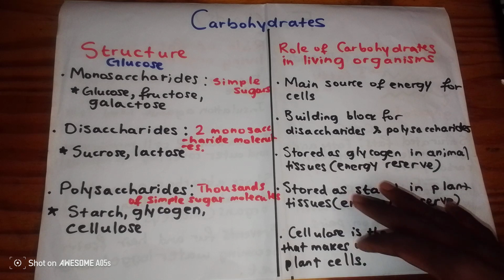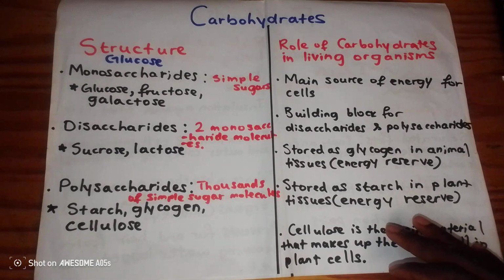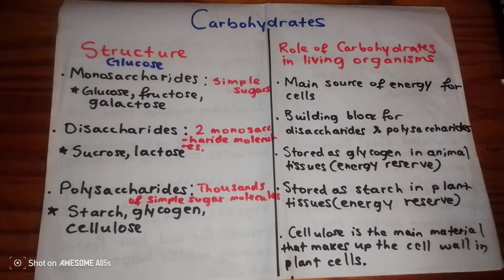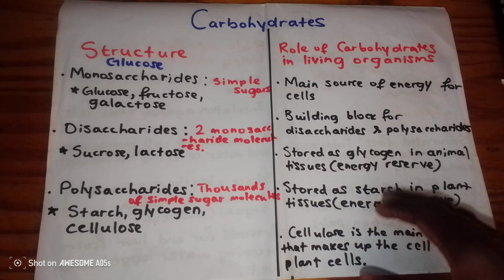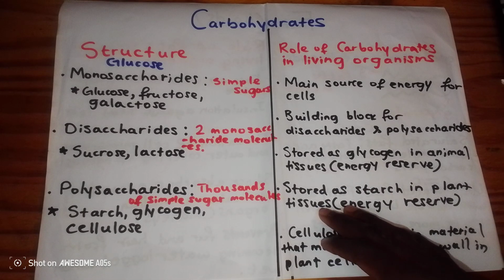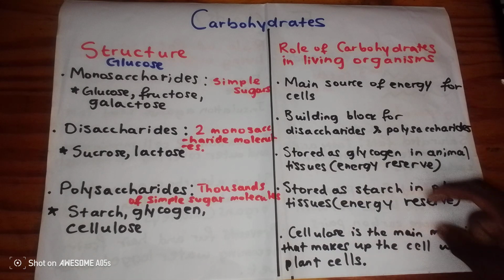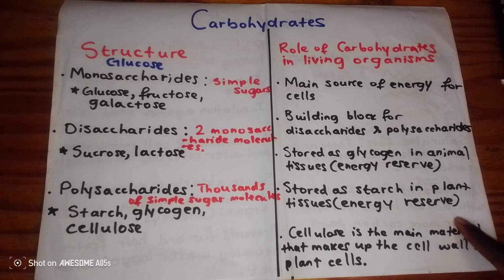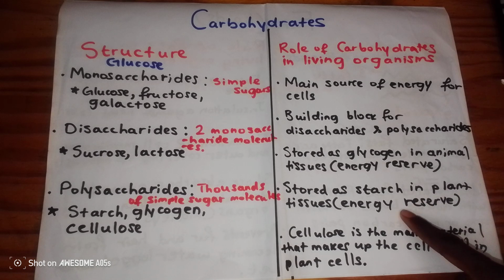Then we'll move on to the next bullet point, which says that carbohydrates, or rather glucose, is stored as starch in plant tissues. Again, starch is an energy reserve in plants. In the cases whereby, let's say, the embryo plant, which we covered in enzymes, needs food, the starch will be broken down to glucose.